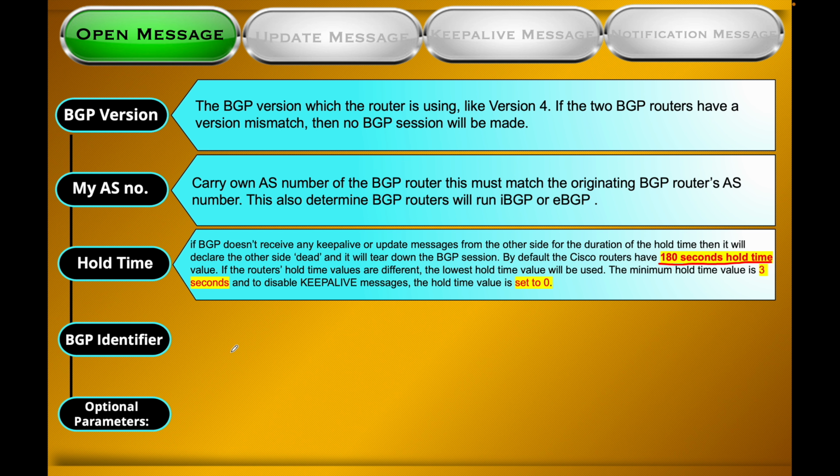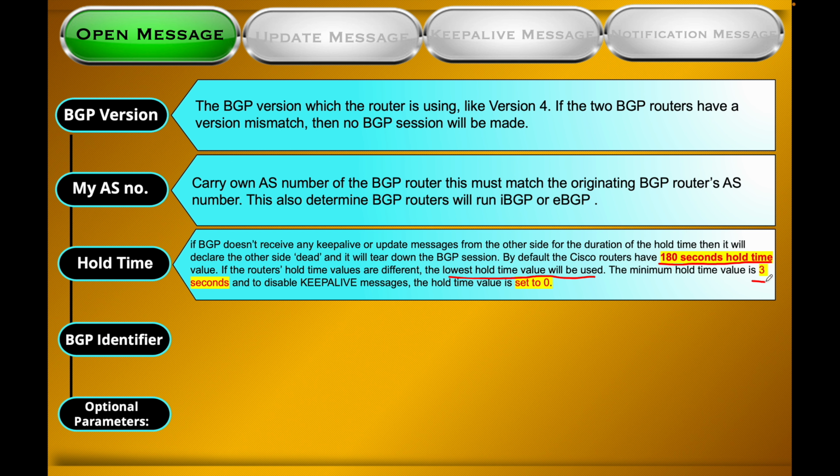It will negotiate and finalize the lowest hold timer value, and it will be mutually agreed. We are agreeing that 100 seconds would be our hold timer value. And the minimum hold timer value should be 3 seconds.